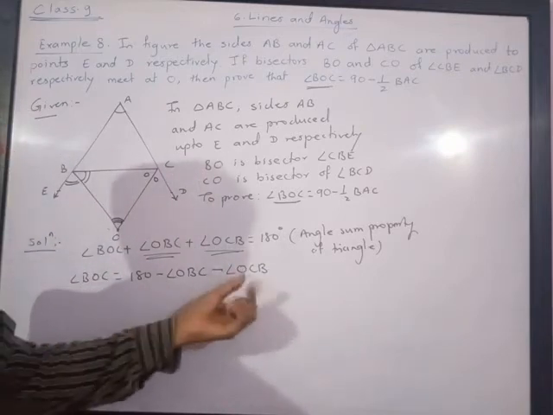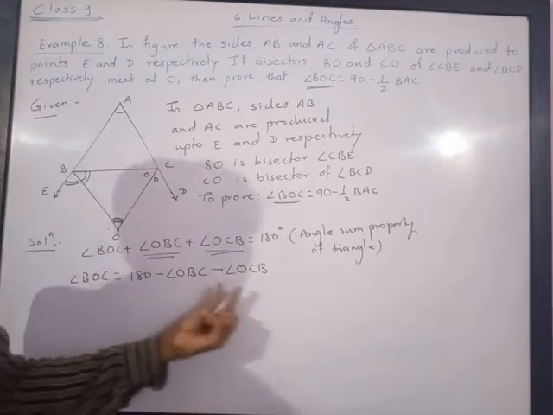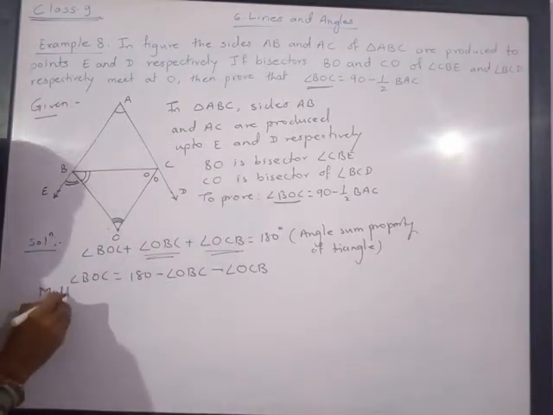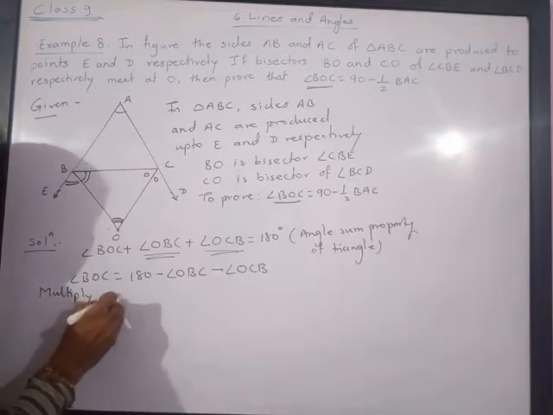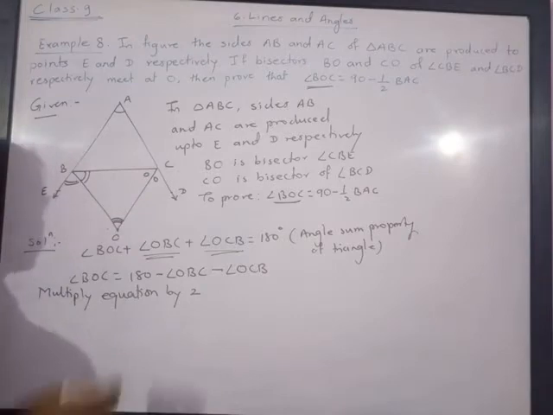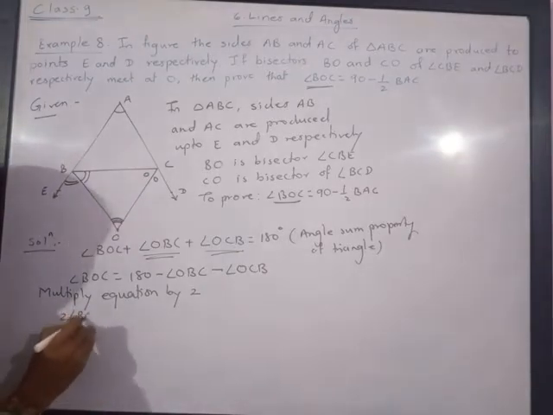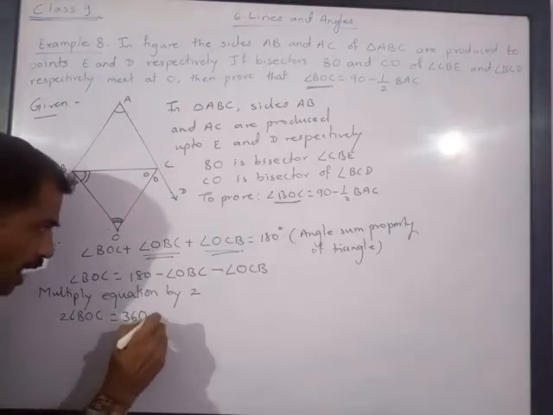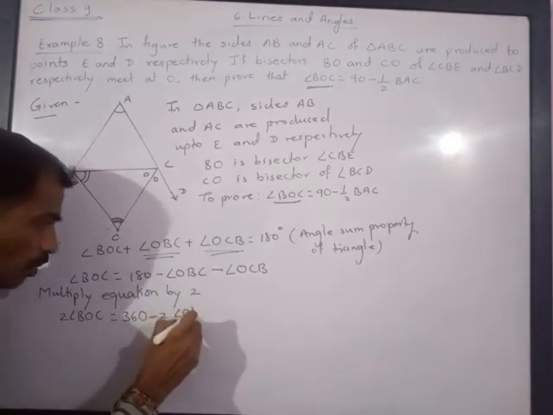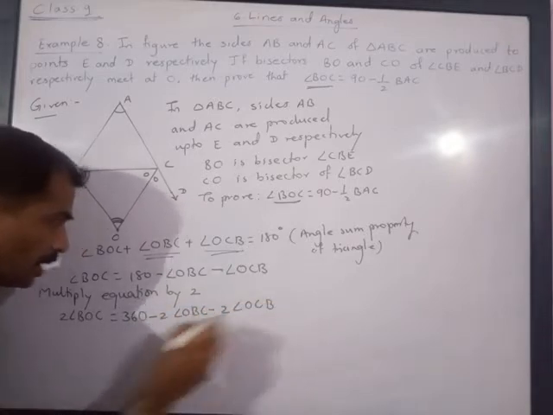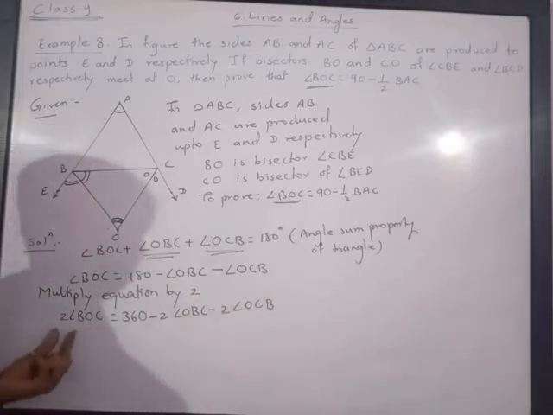Now multiply this equation by 2. So you will get twice angle BOC is equal to 360 minus twice angle OBC minus twice angle OCB. Please note, I have multiplied this by 2. Why I have multiplied, you will understand.